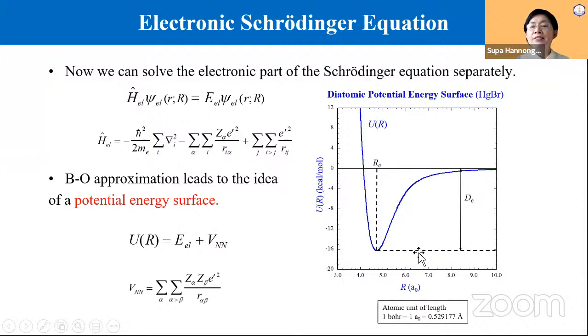From this, you have to make it separated far away, and the dissociation energy will be here at about minus 16. So these are the important features of the diatomic potential energy surface, which is very famous and quite important.